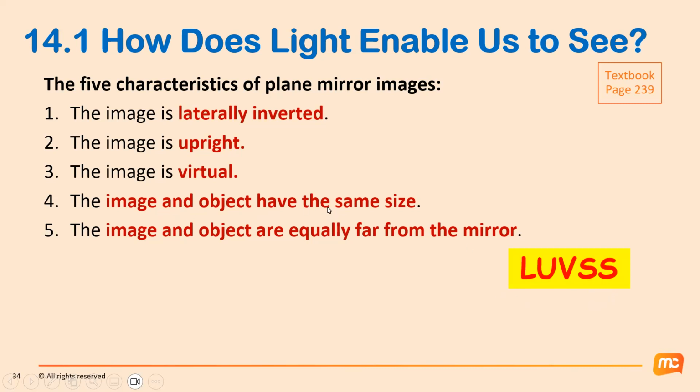Image and object will have the same size. Image and object are equally far from the mirror, or distance of object to mirror is the same as distance of image to mirror. It must be written in complete sentences. If you just state same size, same distance, no marks will be awarded. But for the first 3, yes, you can just state laterally inverted, upright, virtual. It doesn't need to be in a sentence.